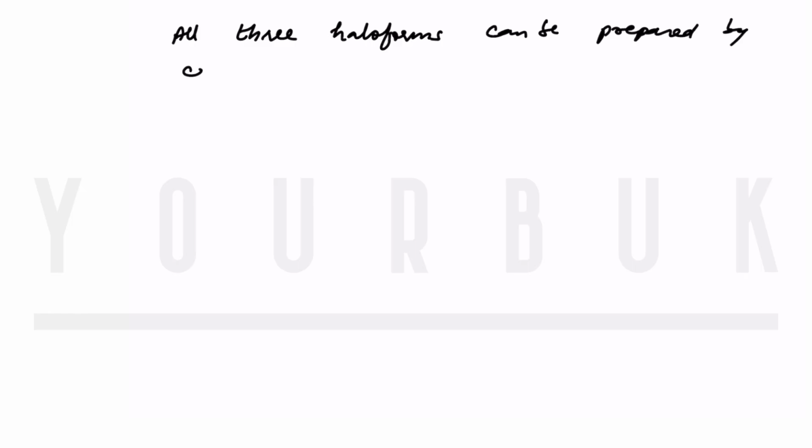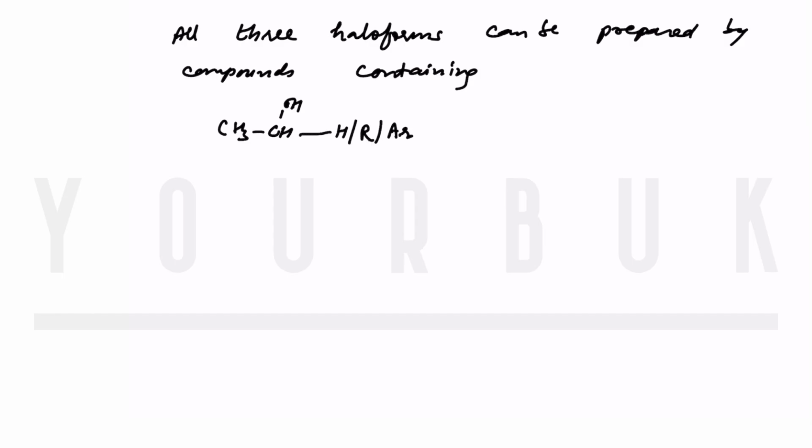They can be prepared from compounds containing the group CH3CHOH, and remember the fourth valency has to be satisfied by hydrogen, by some alkyl group or some benzene ring. No electronegative atom should be present.